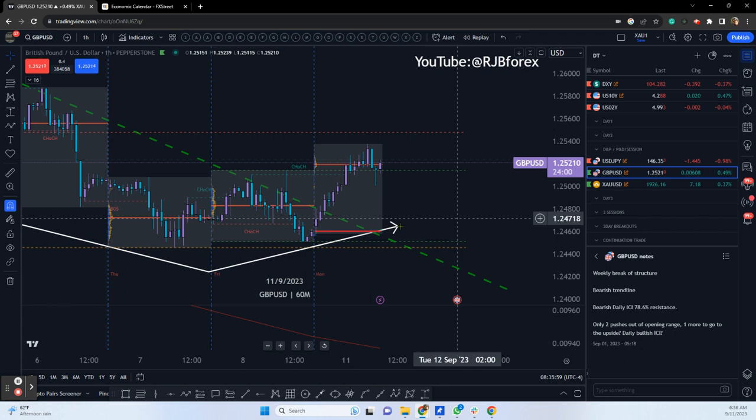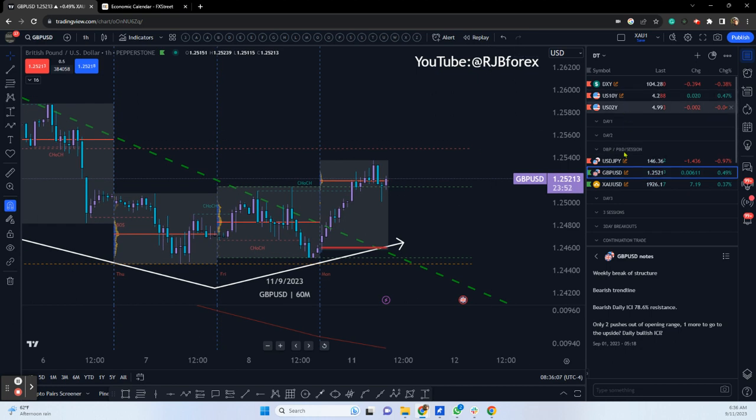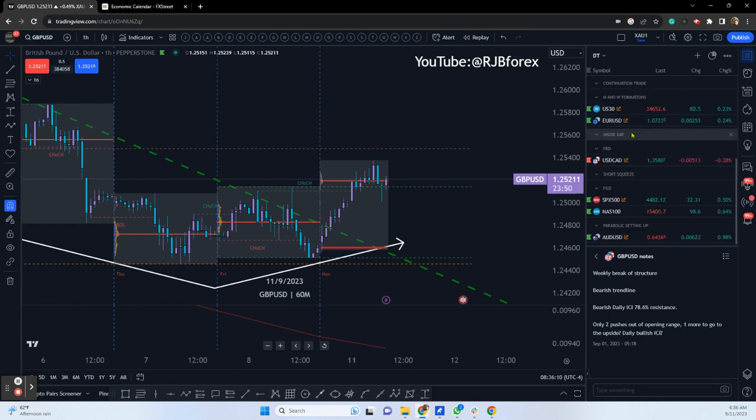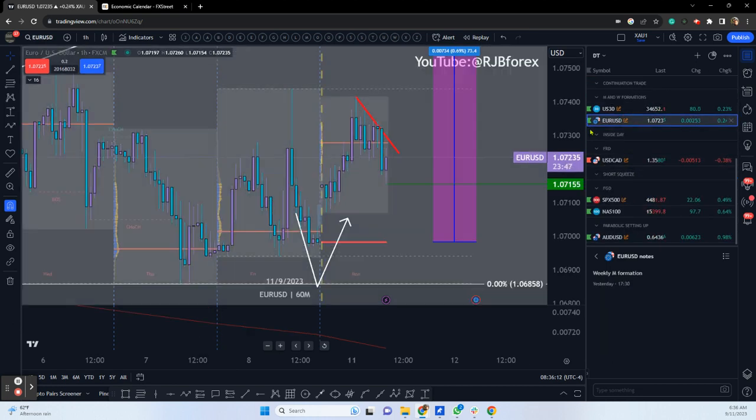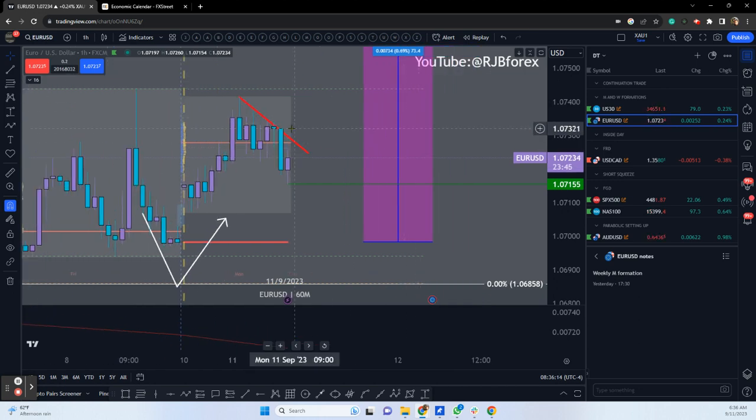But until we're down low, I don't want to be buying it. So I'm looking for shorts and then longs, perhaps. And that would be the same for the euro. Looking for shorts up high and then longs.